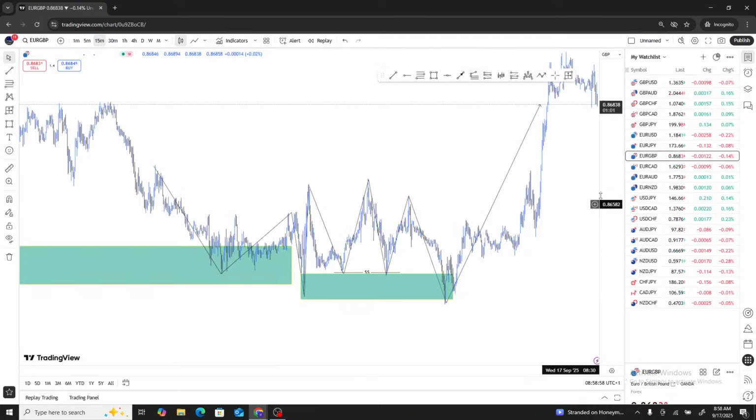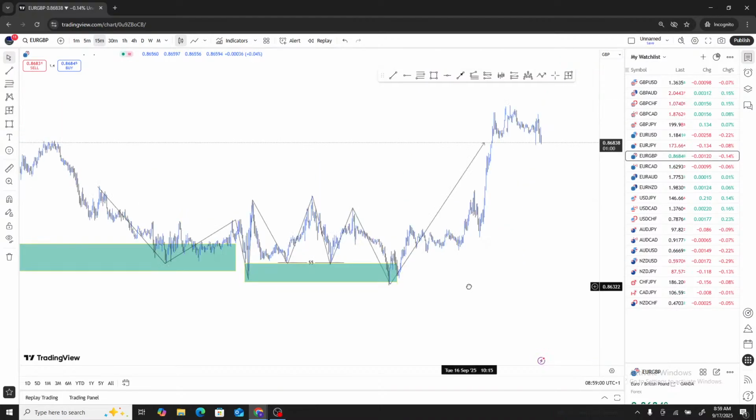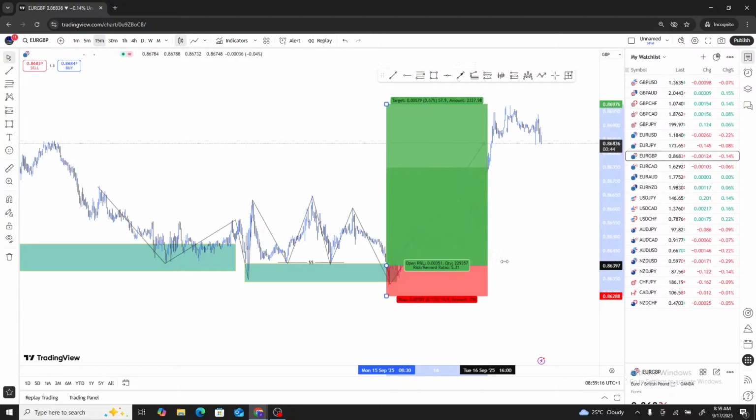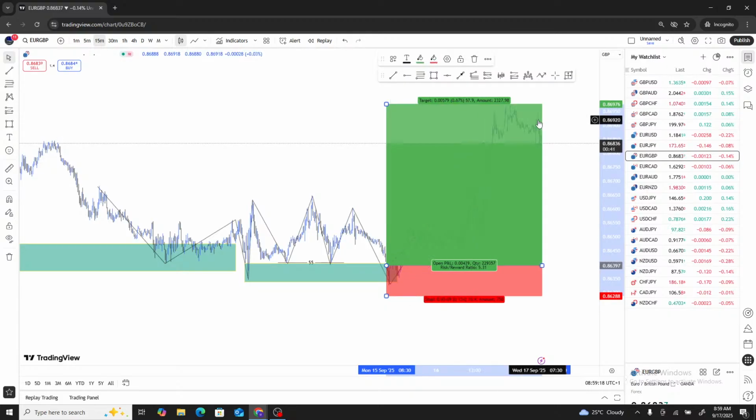So on this particular trade, this is a long position. Price has moved for how many R to reward? 5.31 R to reward.